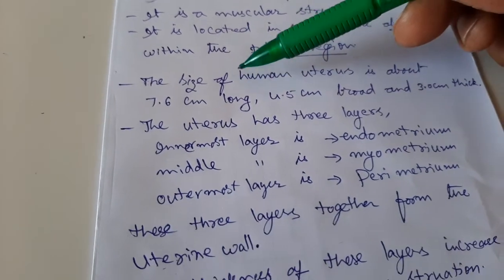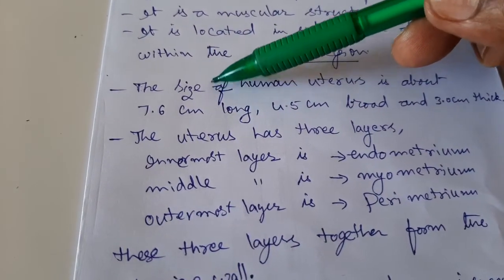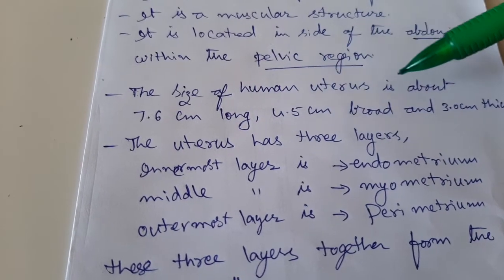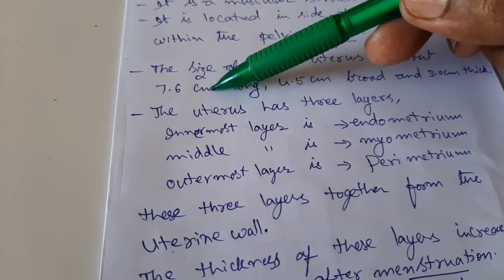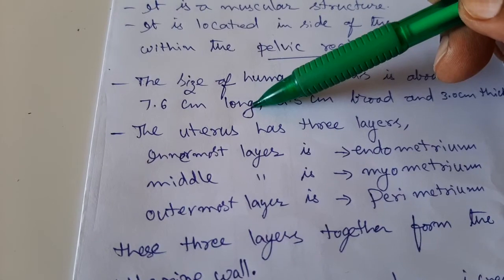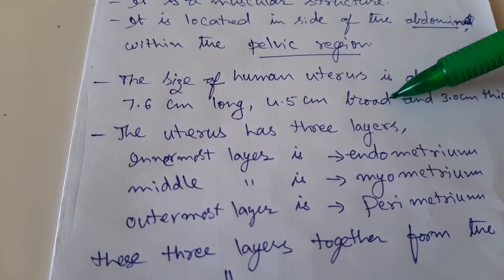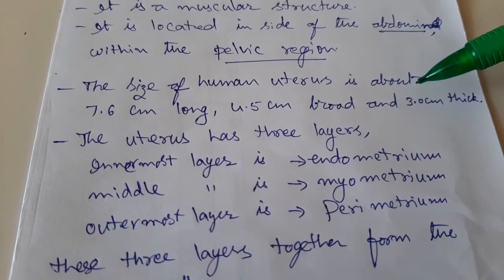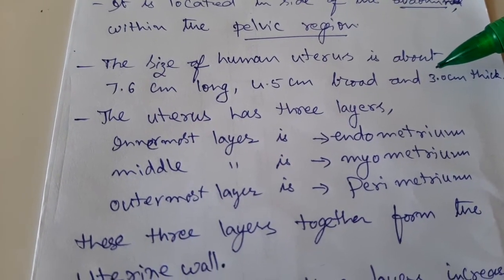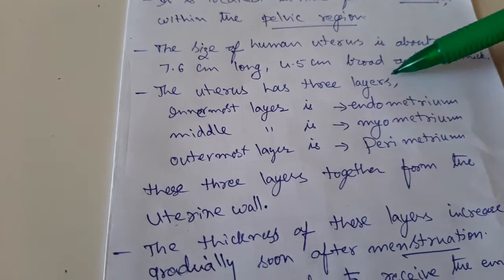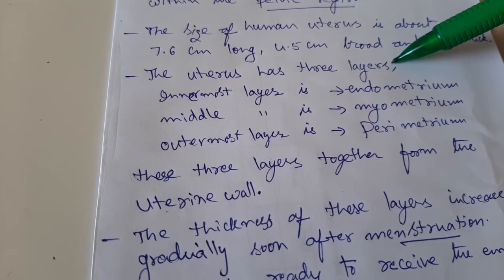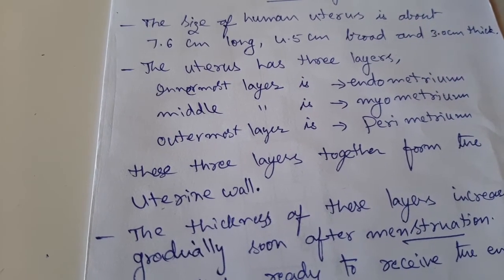Next come to the size of the uterus. The size of human uterus is about 7.6 centimeter long, 6 centimeter long and 4.5 centimeter broad and 3.0 centimeter thick. And come to the layers which are present inside the uterus.